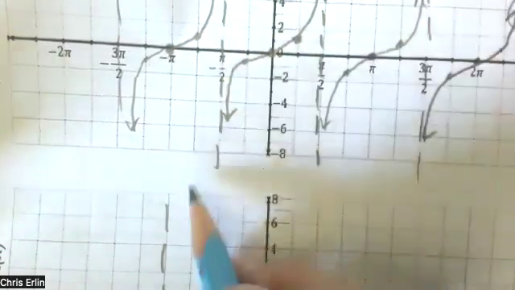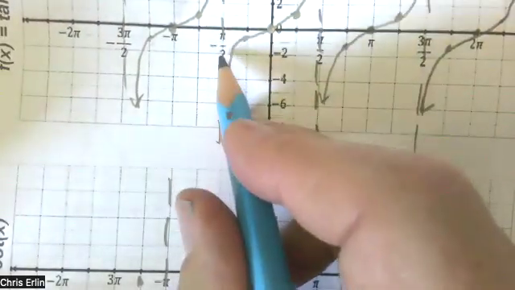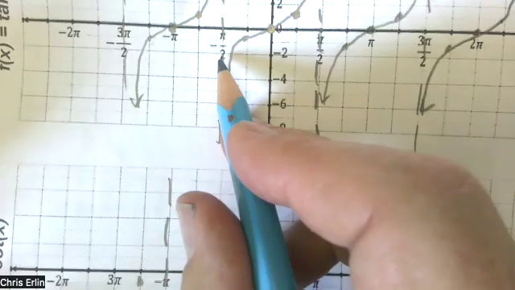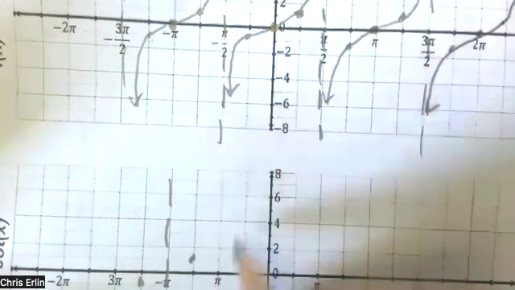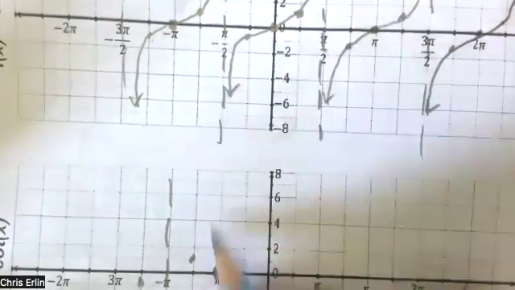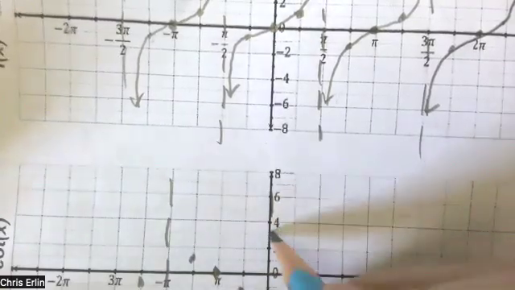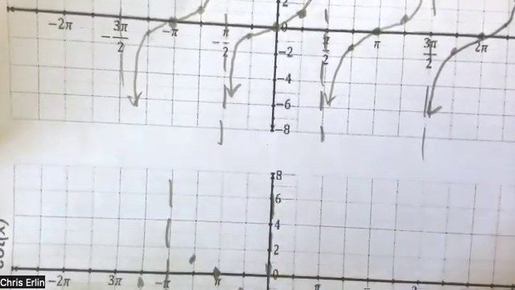This is at a +1. What's the reciprocal of an asymptote? If the asymptote came about because we had 1 over 0, the reciprocal is 0 over 1, so it becomes a 0. So we're trading our asymptotes for zeros, leaving our 1s and -1s the same, and trading our zeros for asymptotes.